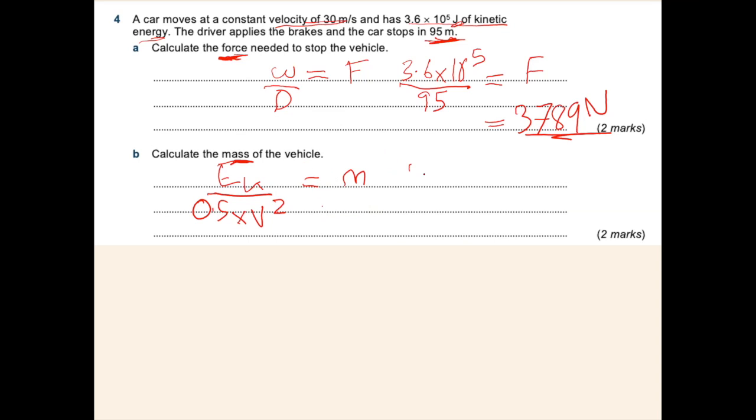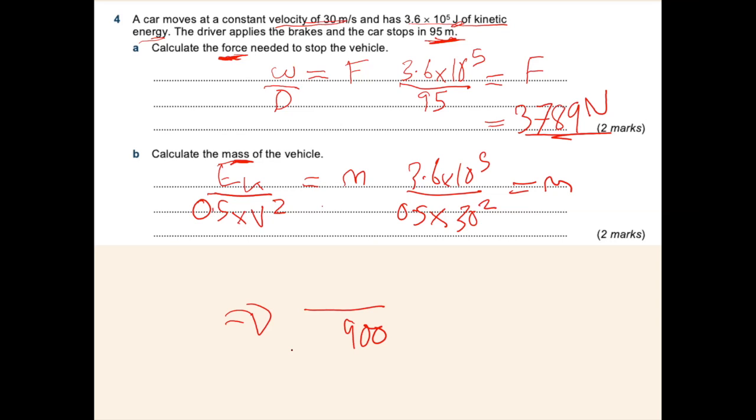E_K again, 3.6 times 10 to the 5, divided by 0.5 times velocity, I told you there, 30 squared, equals m. Going down here, always start with 30 squared. I know that in my head, that's 900, 30 times 30, times 0.5. I know that in my head as well, but don't do it in your head. Use a calculator. It's going to be 450. But always do that bit first.